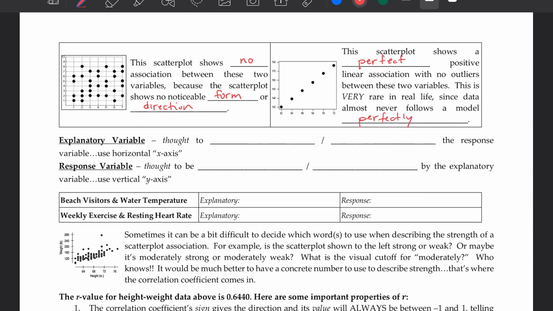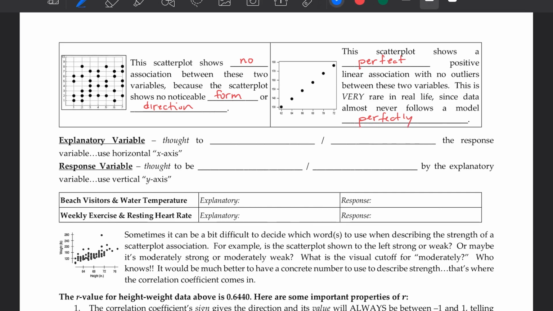It just simply doesn't happen if you're collecting data that is not confined by rules. Maybe when you're talking about physics, where there are certain rules that go along with it, your data might be perfect because it's following very specific rules of the physical world. But for the purposes of our class, we're never going to really see this.